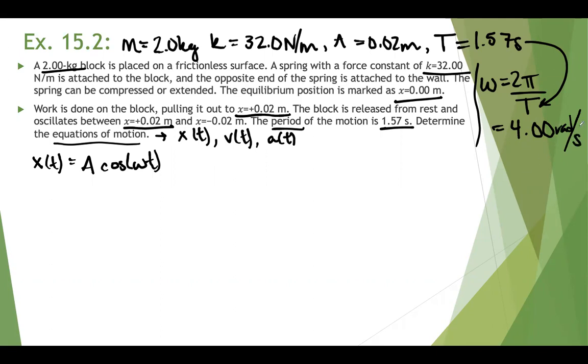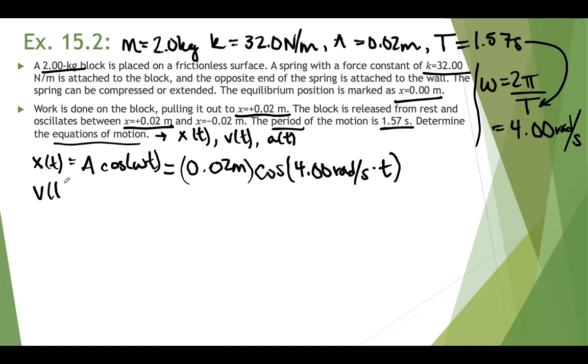So we have then A, which is going to be our amplitude. Okay, so that's going to be 0.02 meters times cosine of omega, which is 4.00 radians per second times t. Okay. So that's x of t.